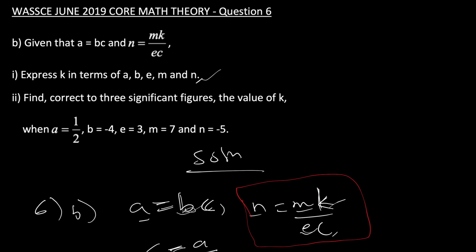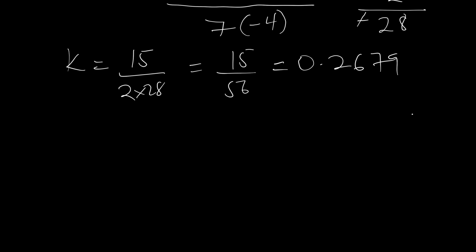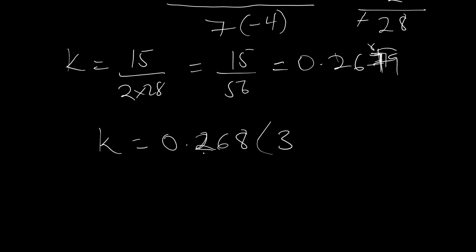But from the question, we are being asked to correct to 3 significant figures. So K is 0.268 in 3 significant figures.